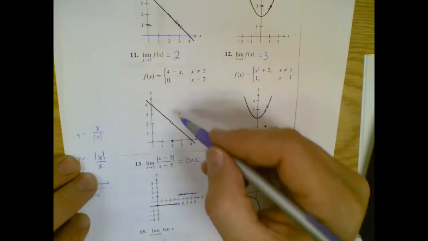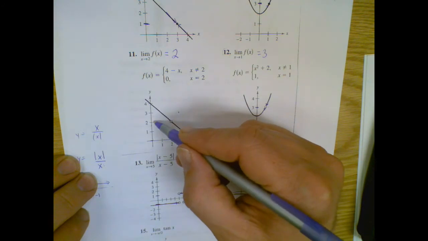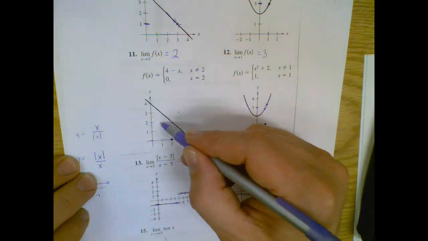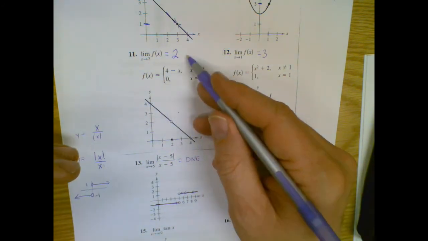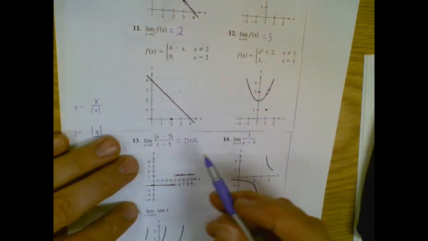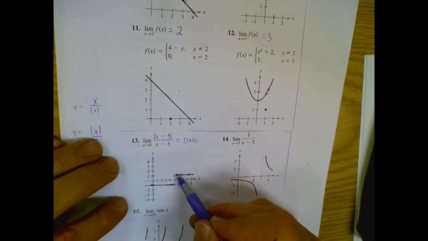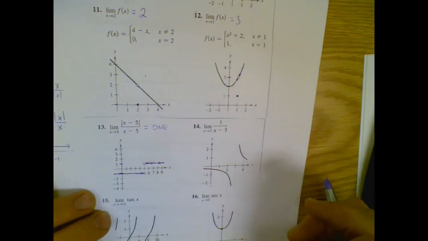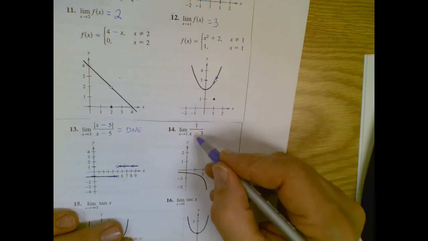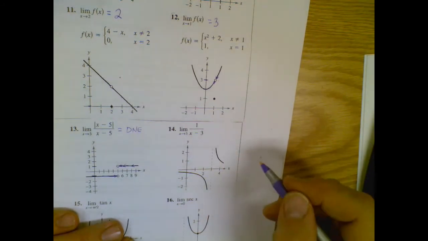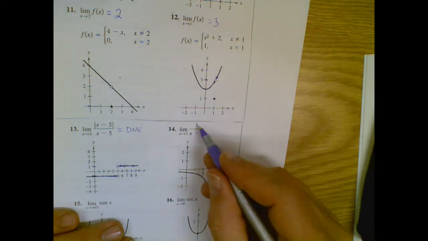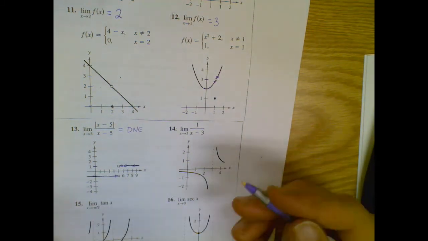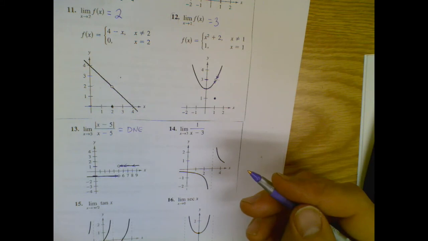For example, up here, when I came in on the left, I expected a 2. When I came in on the right, I expected a 2. That's the same number, so my limit was 2. If my right and left sides cause me to expect different answers, then the limit doesn't exist. For example, we all know this has a vertical asymptote at x equals 3. If you plug a 3 in, you would get 1 over 0, which is undefined, so you can't plug it in.